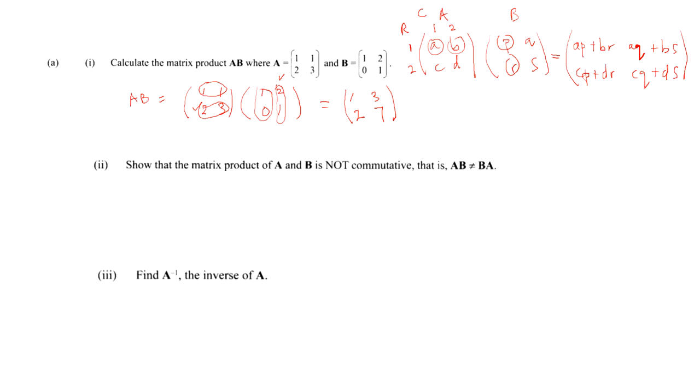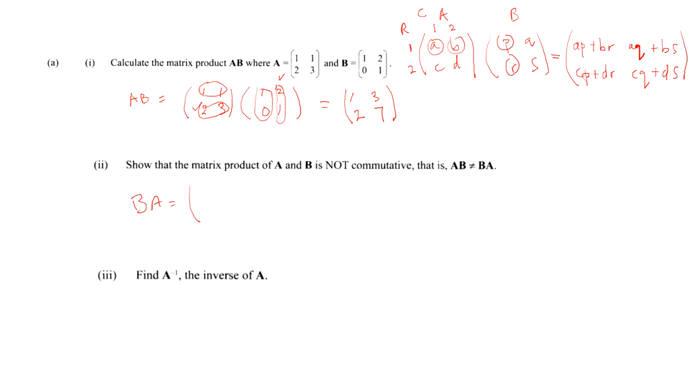Now they said show that the matrix product of A and B is not commutative. So if you want to show that it's not commutative, we just worked out AB, so what we need to do is work out BA. We're going to do the product in reverse order.